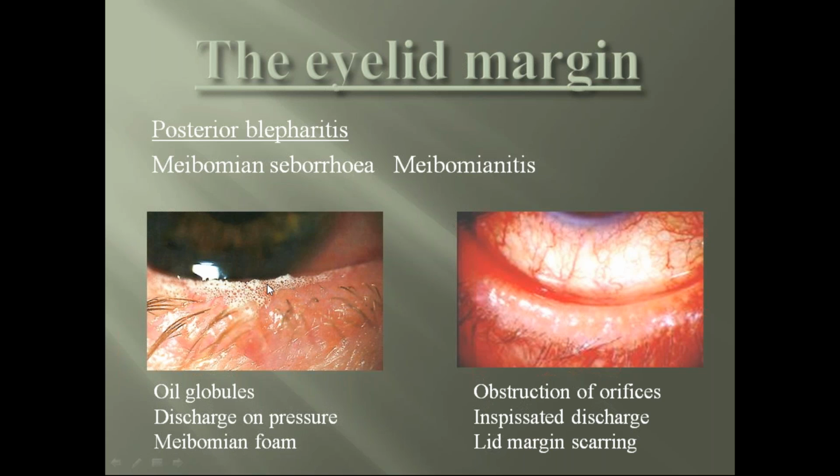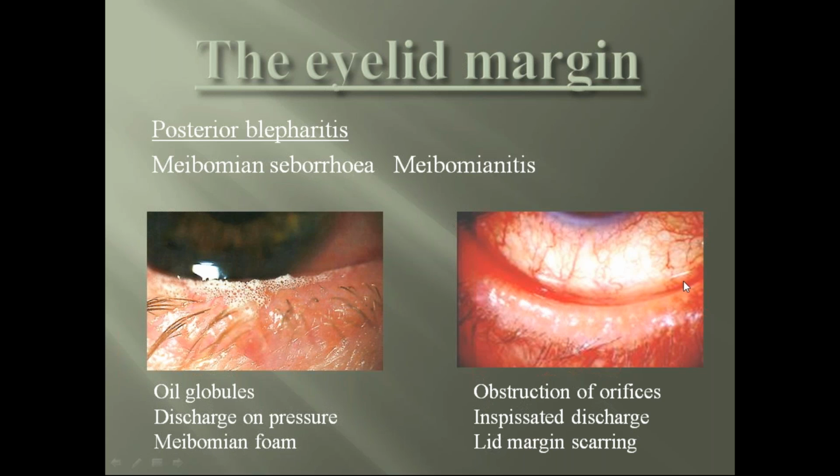It is like a fluffy, oily accumulation, like a foam along the posterior lid margin, and this is because of excessive oil secretion from the meibomian glands. When you press the lid, you can see more foam coming, because the meibomian gland's main function is to secrete the oily layer of the tear film. So more oily secretion gives rise to this foamy appearance along the lid margin. So this is meibomian seborrhea.